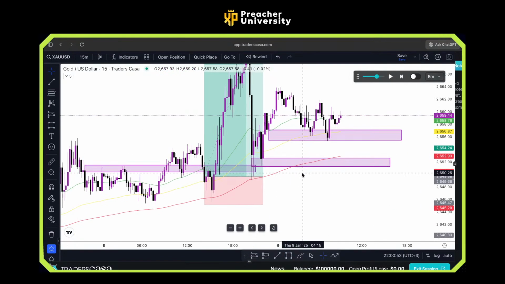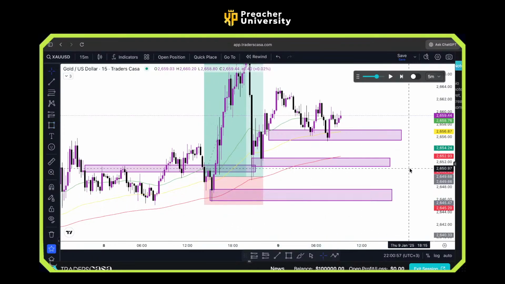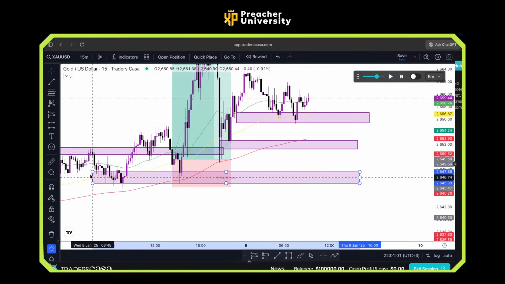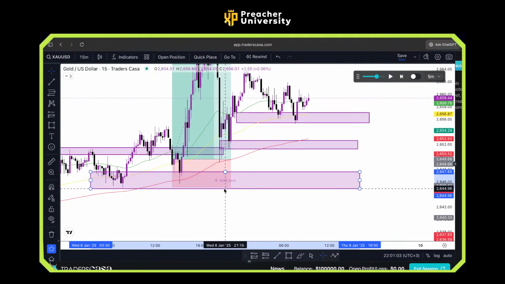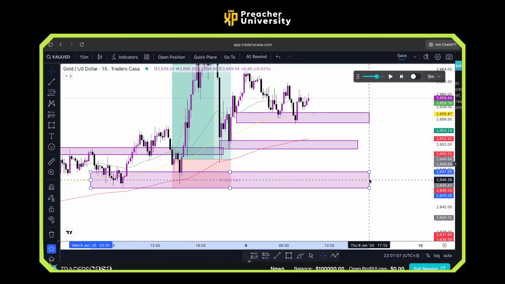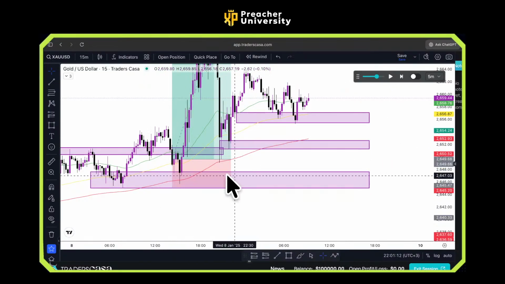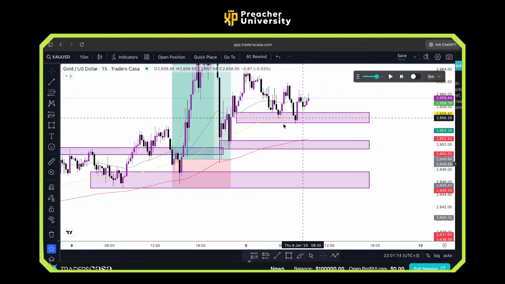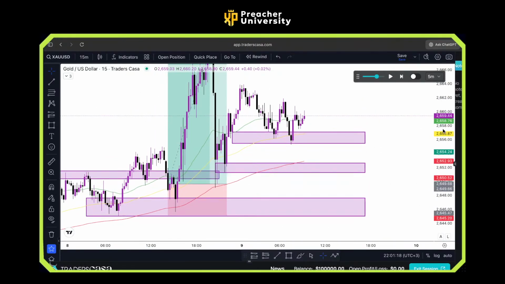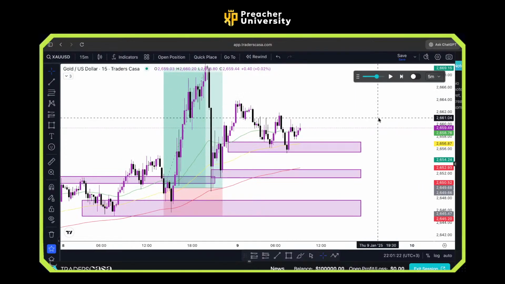Okay, again there's another zone right here, but I have to be very, very careful about this zone, because if the market comes and breaks or taps into this zone, it's likely that it will keep selling. Why? Because this is the last zone I'm looking at, when it breaks this, it identifies a bit of change in the market structure or in the direction of the market.